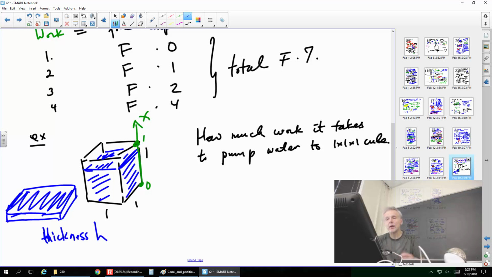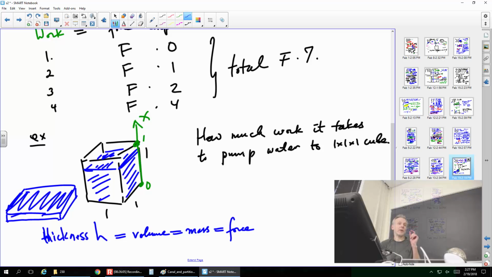Thickness h is the only characteristic of the layer that we care about, because that thickness gives us the volume and the mass. Okay, so you can say this is the volume. The density is 1 and is equal to mass, and the only thing that we care about is the force. Let's say the force is also equal to 1 times h, equal to h.